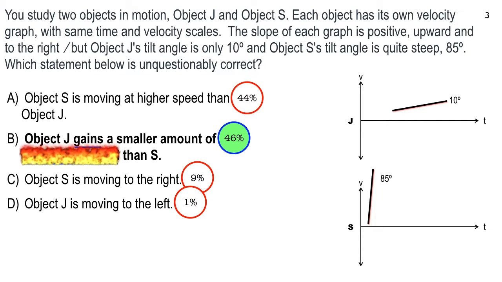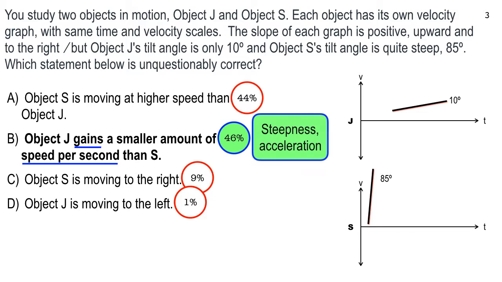All right, so the key words in option B are that it gains speed per second. Now in a velocity graph, that means the steepness, in other words, the acceleration. How many meters per second of speed do you gain for every second of acceleration?